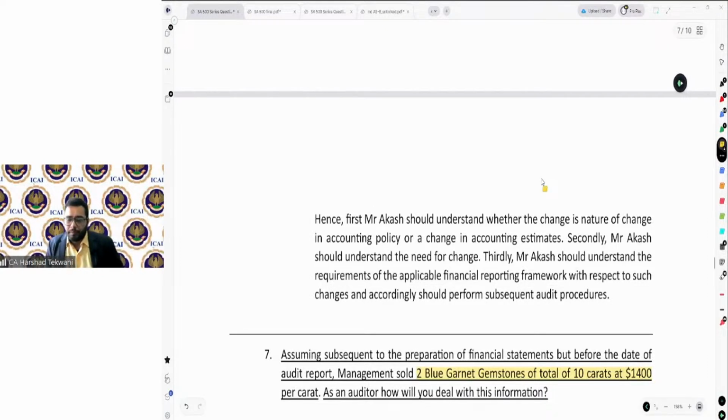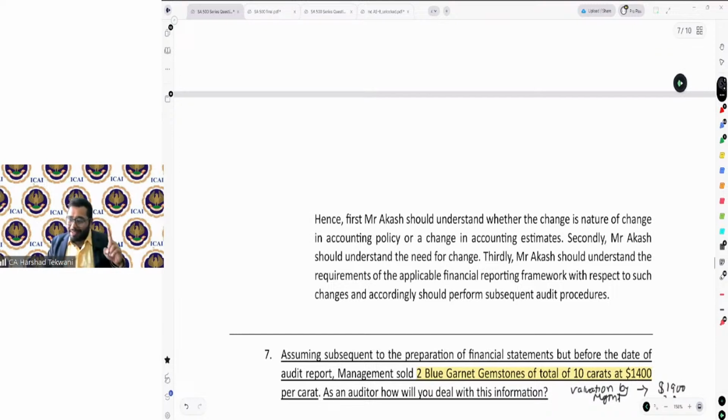Valuation by management was $1900 per carat. So management valued in the books of account at $1900 per carat.